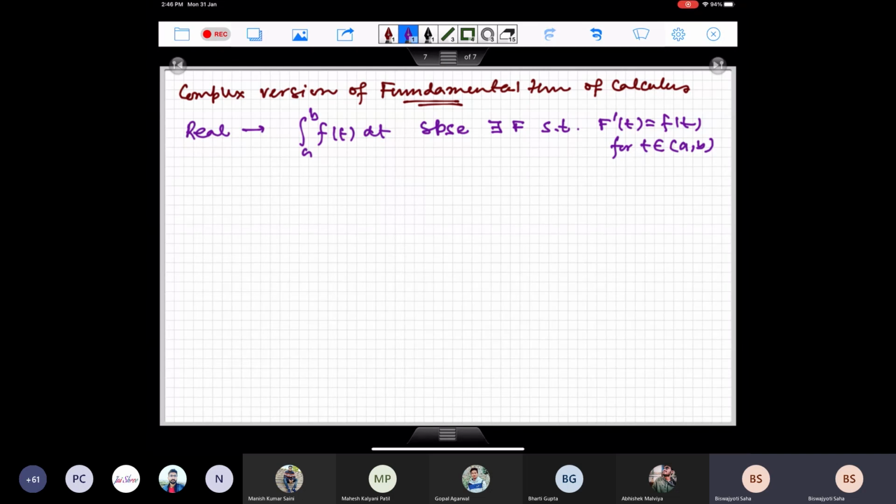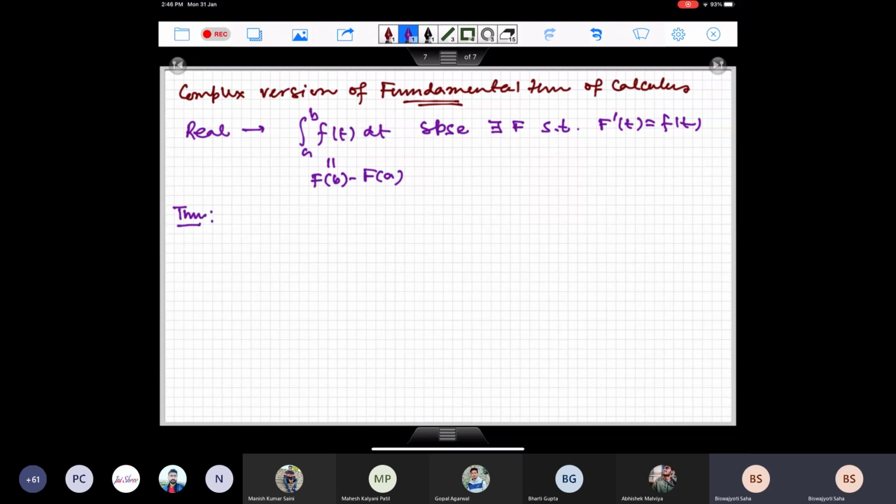Then what do I get? This integral becomes F(b) minus F(a). This is the version of the fundamental theorem of calculus. So here also we are going to do a similar thing.